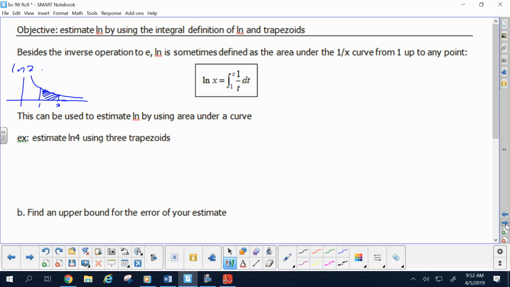If you think about it, if we were to do this a long way, what is the antiderivative of 1 over t? Natural log of the absolute value of t from 1 to x. What's the log of 1, rather? 0, right? So it makes sense that those two are one and the same.